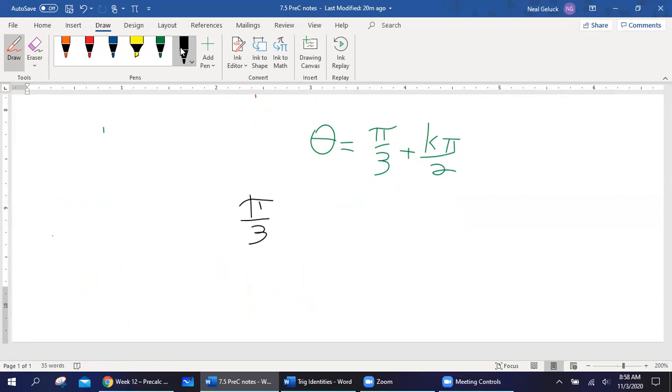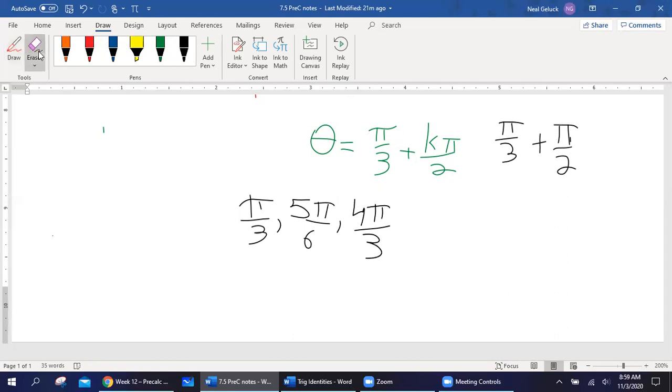If I make k equals 1, that would be pi over 3 plus pi over 2. If you get common denominators, add those together, you're going to get 5 pi over 6. If I crank k up to 2, I'd have pi over 3 plus pi, which is 4 pi over 3.